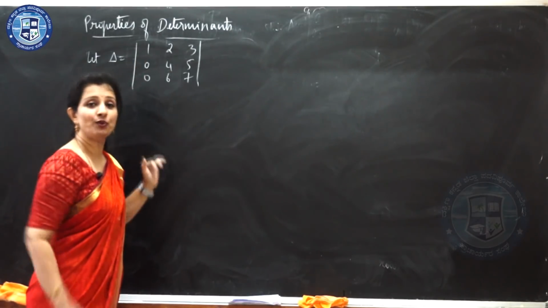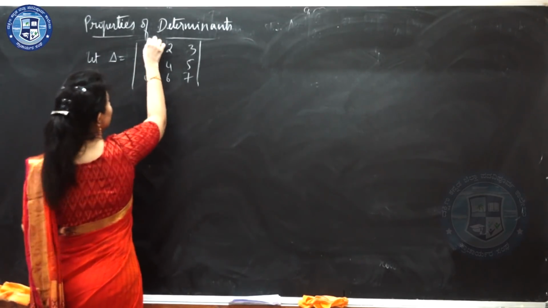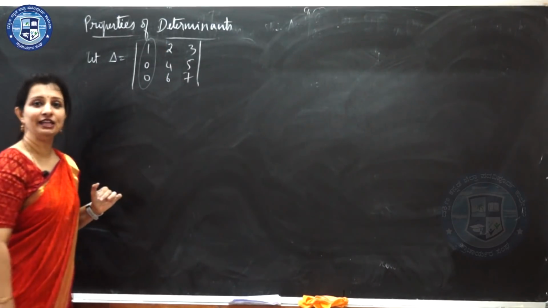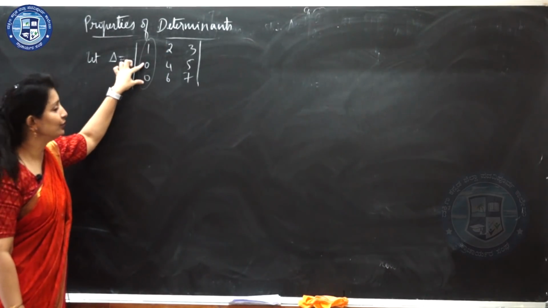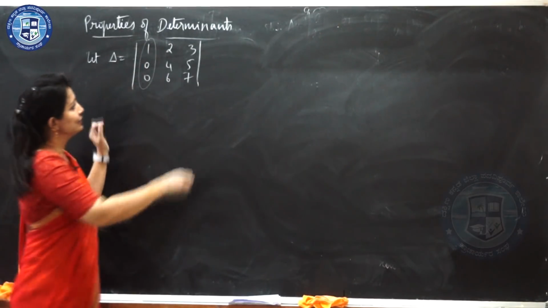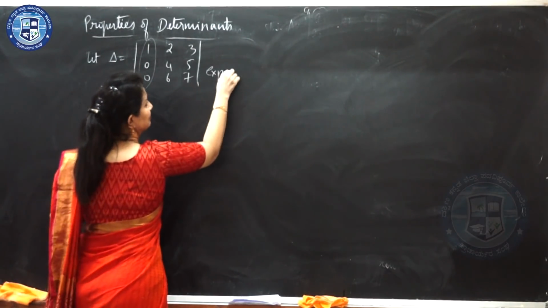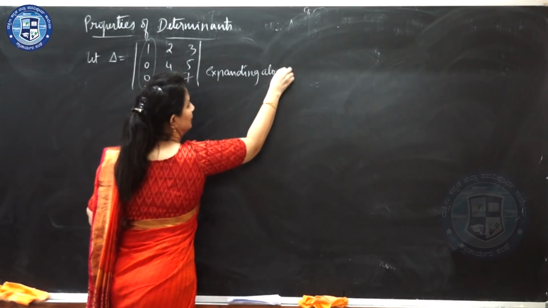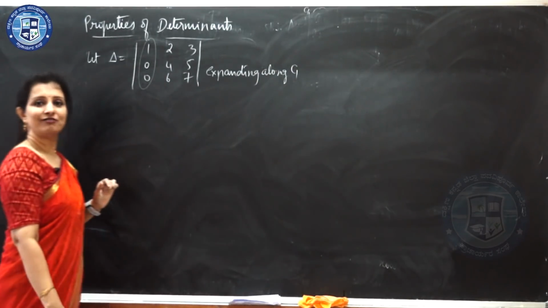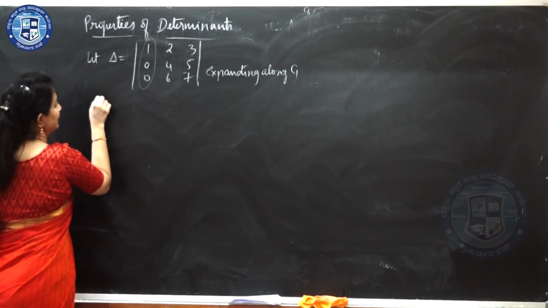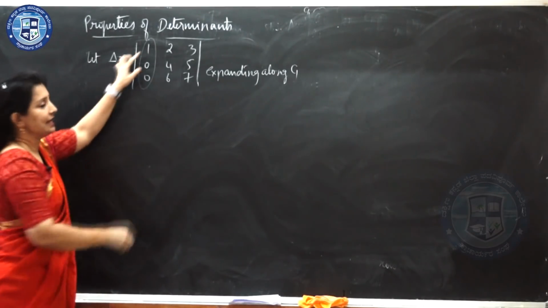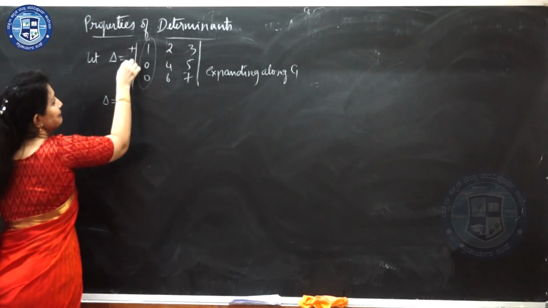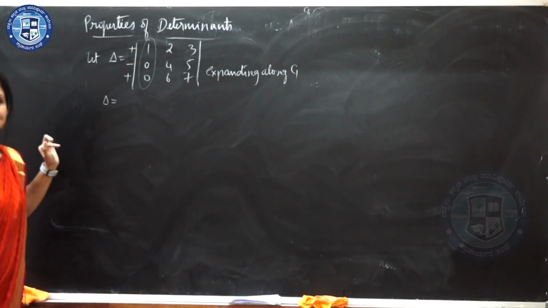When you expand it, what do we get? Expanding along the first column, because in the first column the two zeros are there, maximum zeros are there. So, expanding along C1, first column, we have delta equals, say, first write plus minus plus, the signs as it is.